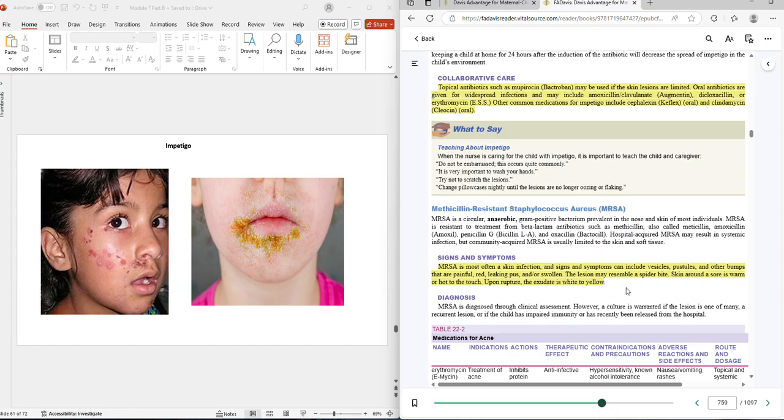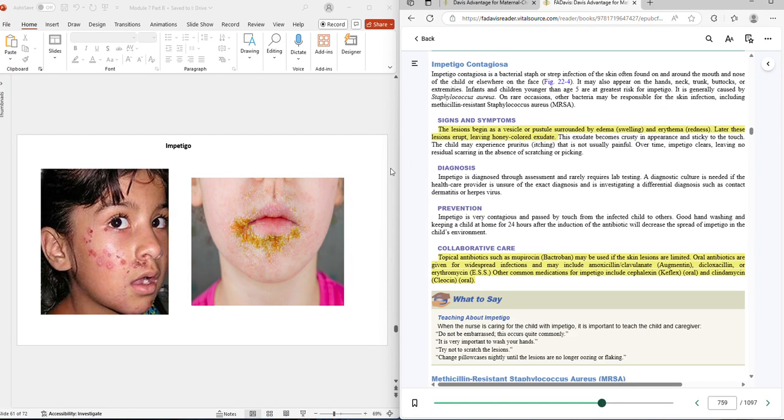Some of the lesions would resemble a spider bite, warm to touch. When they rupture, that's like a pustular secretion, yellow and white. But make sure you know these winks and lollipops, okay? Honey-crusted lesion, we're using mupirocin, Bactroban for treatment.